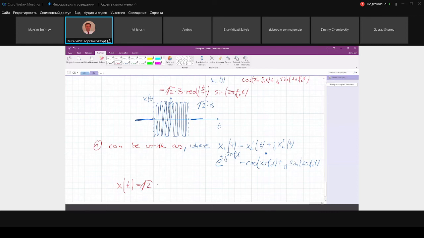So we can say there is a signal. We say this is the real part of our complex signal, which modulates a cosine carrier, cosine of 2 pi ct. The cosine carrier becomes modulated. It's an analog signal.